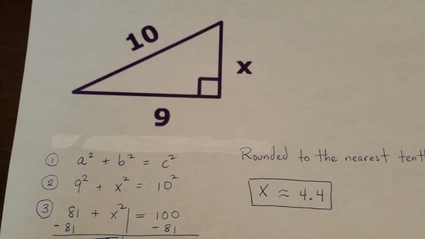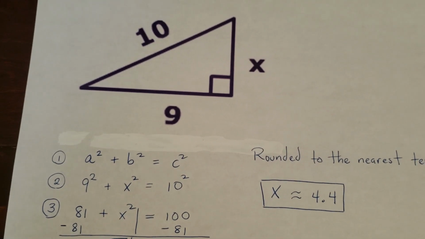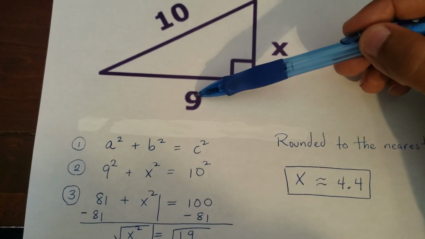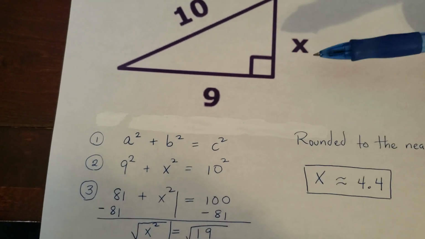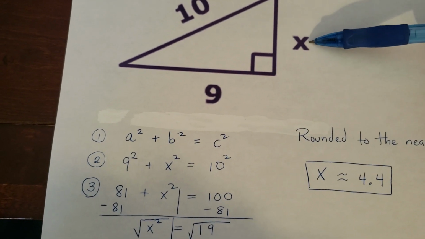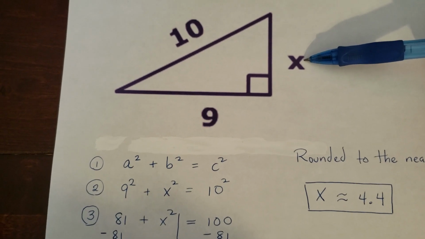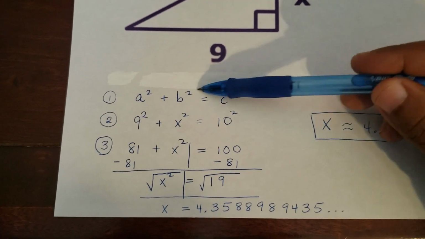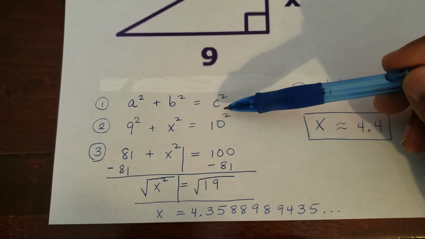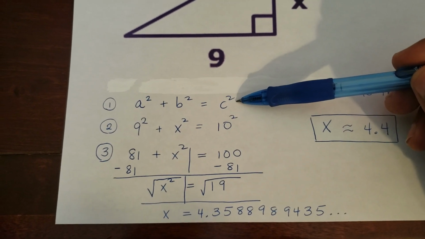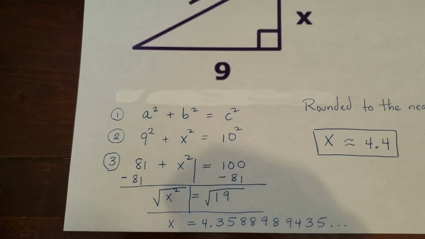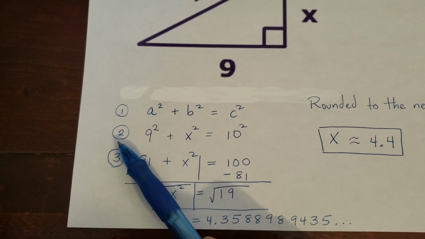So we have this one here where the hypotenuse is 10. We have a leg here which is 9. And again, this other side is unknown, so I put an X. Following the steps, step 1, you write the formula: Pythagorean theorem, a squared plus b squared equals c squared. Then step 2, substitute.